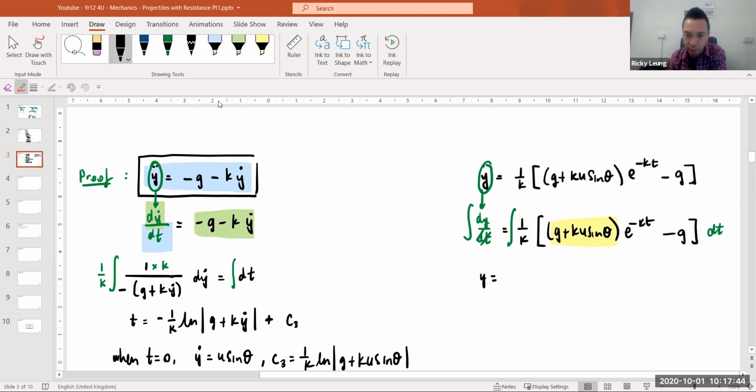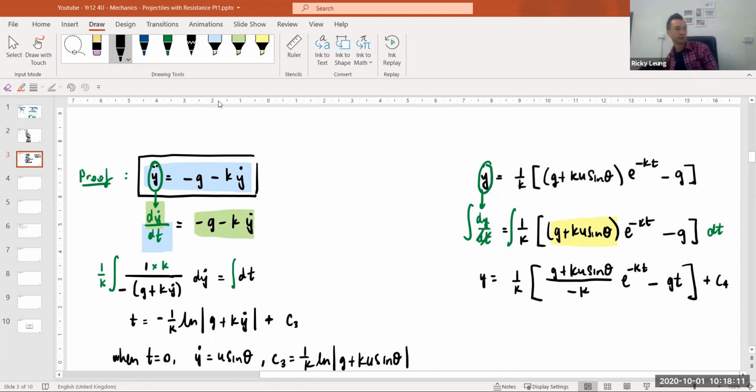now factorize obviously 1 on k out. Integrate this whole thing, that's constant. So it basically just becomes a fraction where negative k goes downstairs, e to the negative kt, minus integrating this guy, it's just gt, and then plus c4, right?